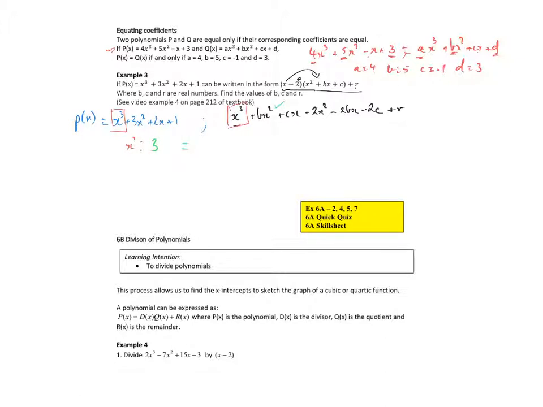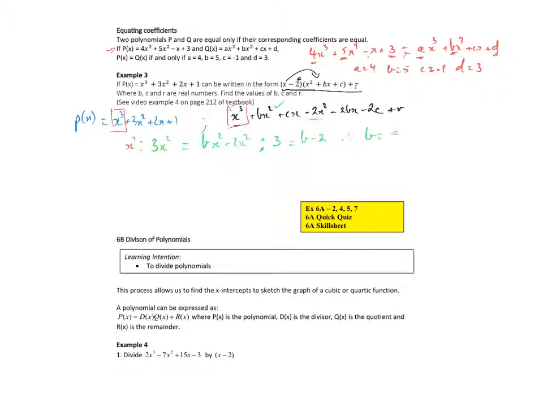Well, there's one of them there. It's b. So 3x squared has to equal bx squared minus 2x squared. So if I solve for that, now I can sort of ignore the x squareds. I've just got to make sure that the 3 is equal to b minus 2.